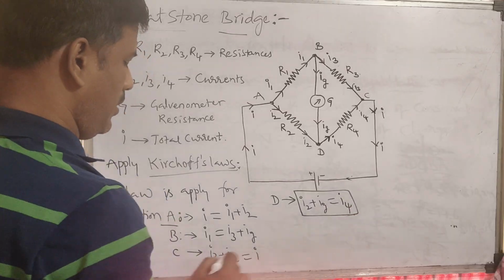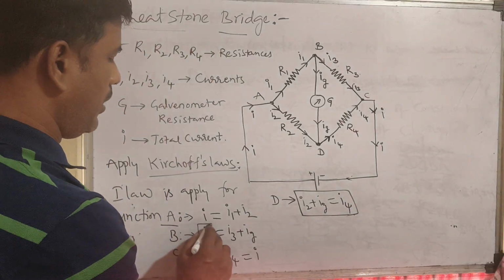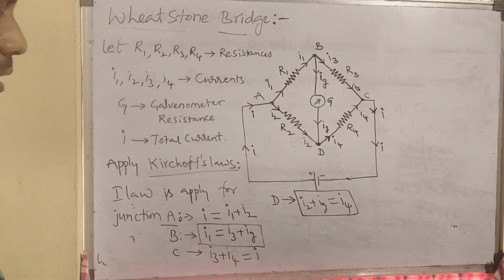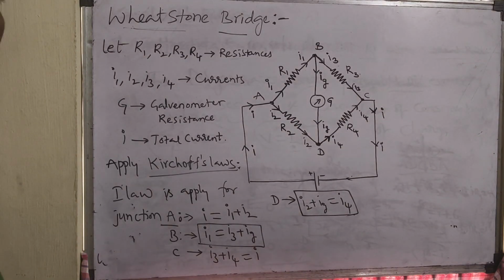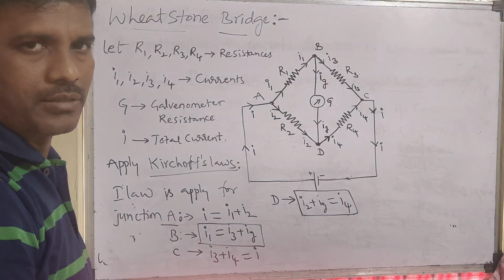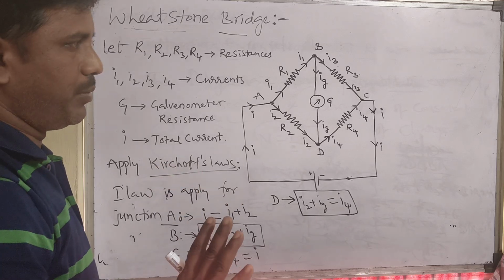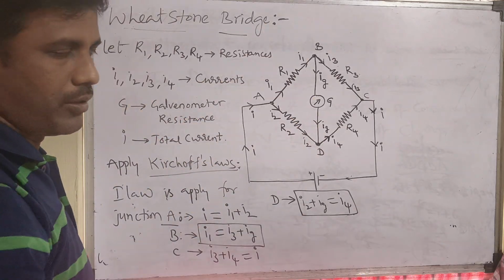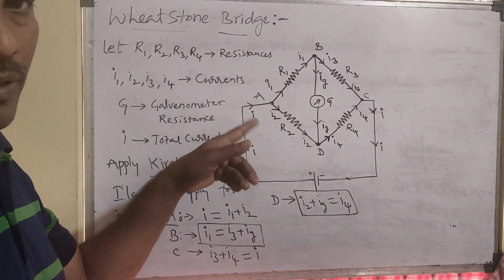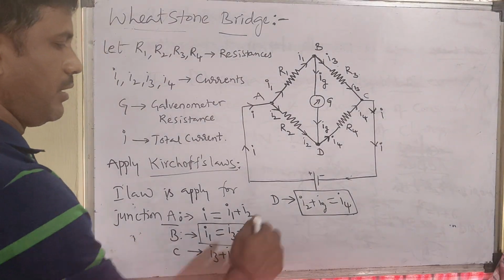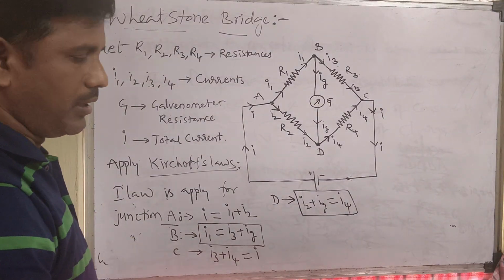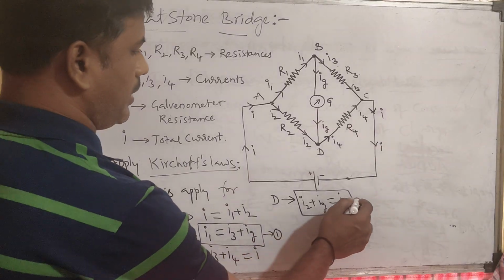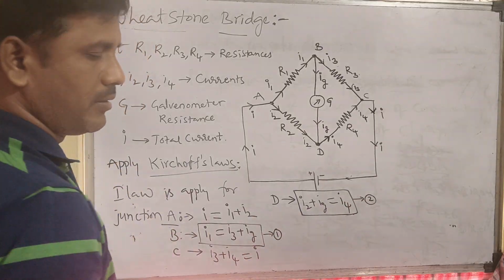This junction D and junction B are the ones we want for the balancing condition. Did you understand all my equations? Arrow marks are very important: the current entering equals the current leaving the junction. First law is over. This is equation number 1 and this is equation number 2.